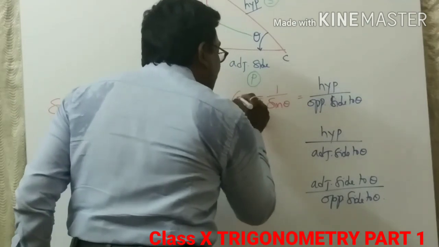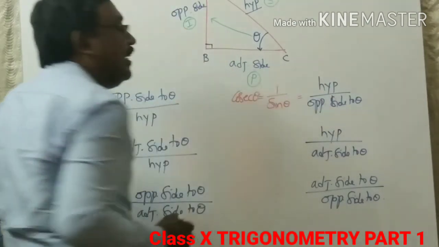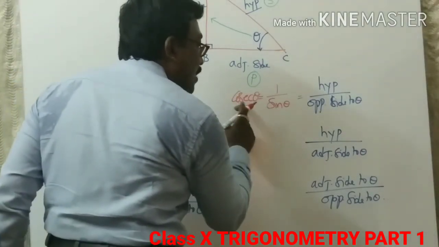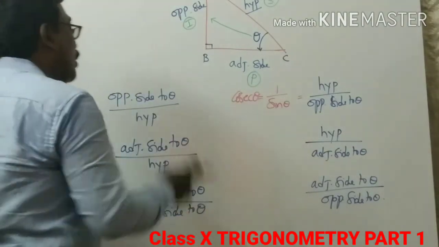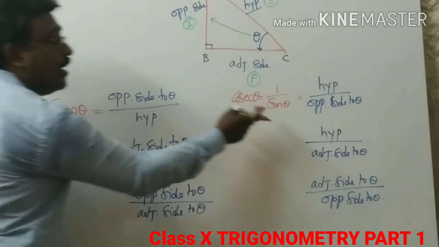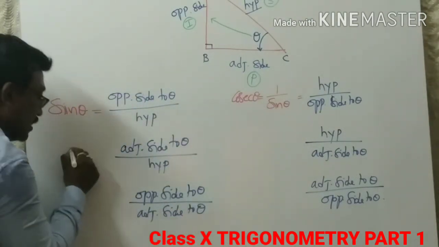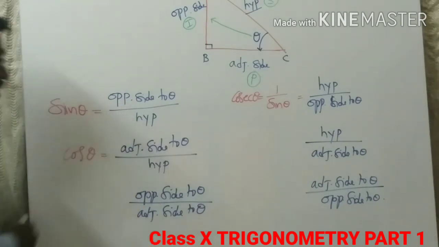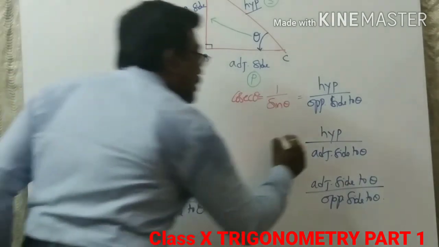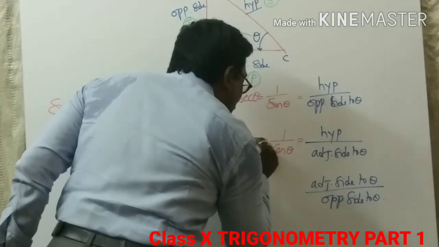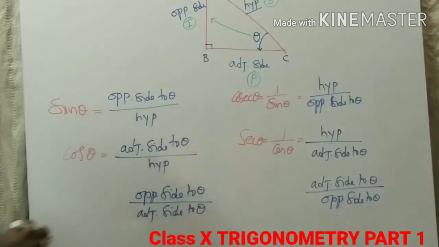It is nothing but cosecant theta, C-O-S-E-C, theta. So, sin theta reciprocal is cosecant theta. The second one is named cos theta. Then this is obviously 1 by cos theta. That is nothing but secant theta.